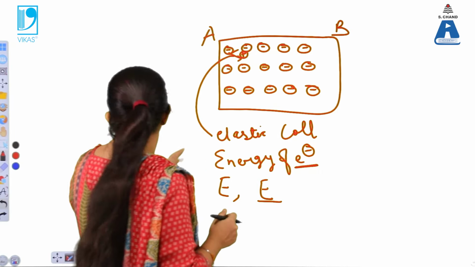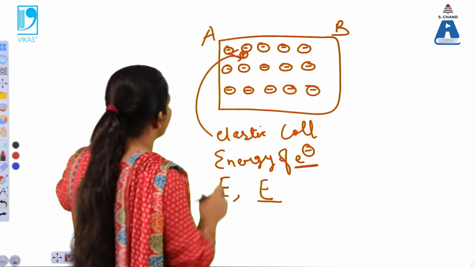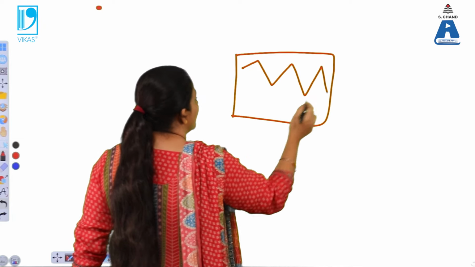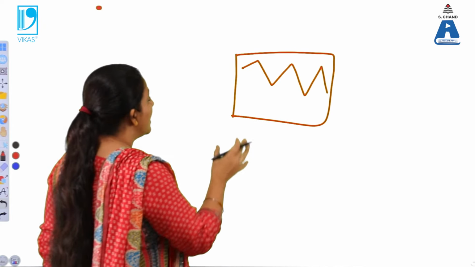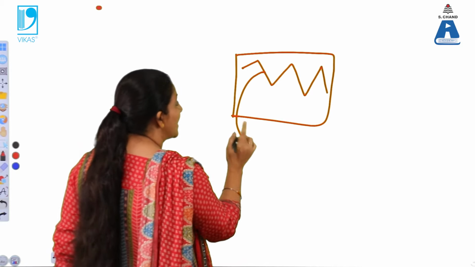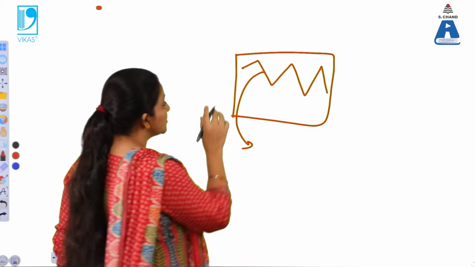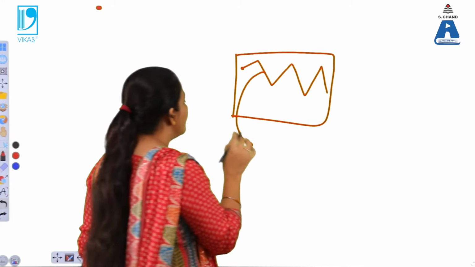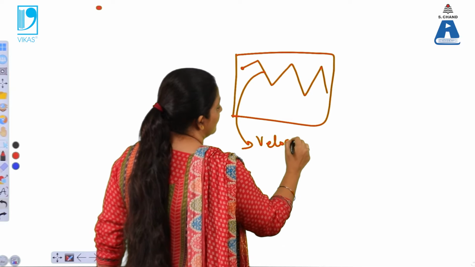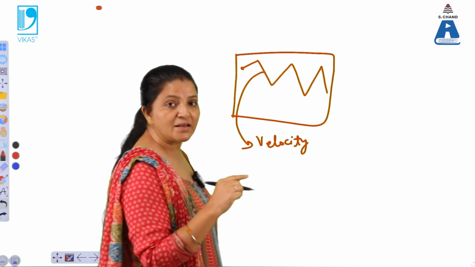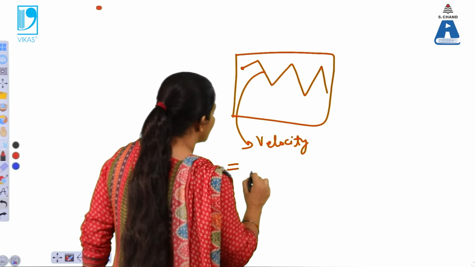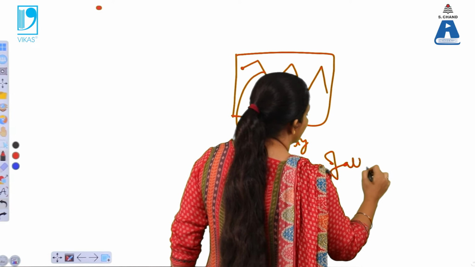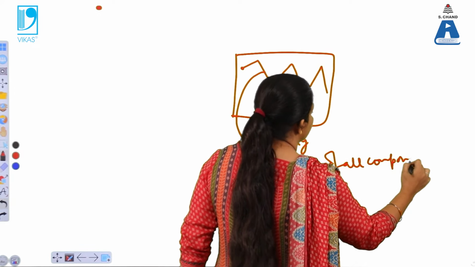Now when the electron moves from this end to this end, it will suffer multiple reflections, and its velocity will change. The velocity of one particle can be described as the vector sum of all the components.